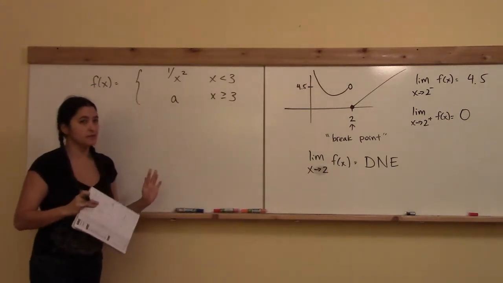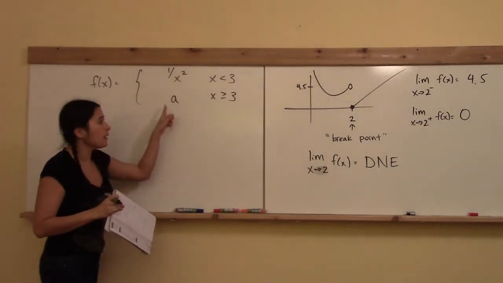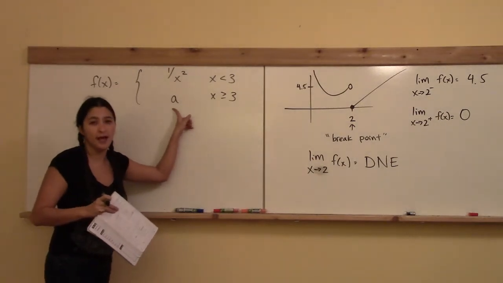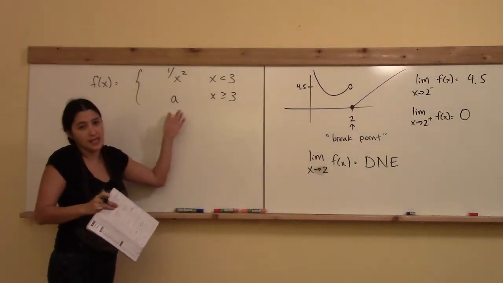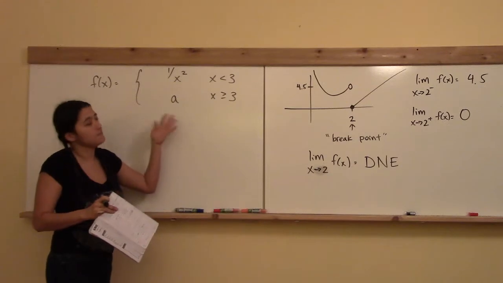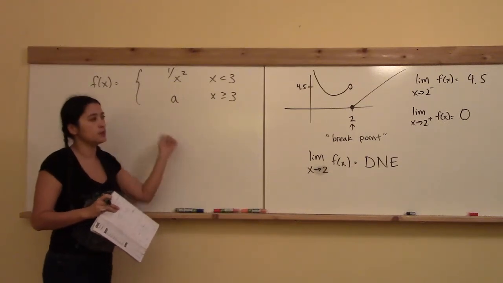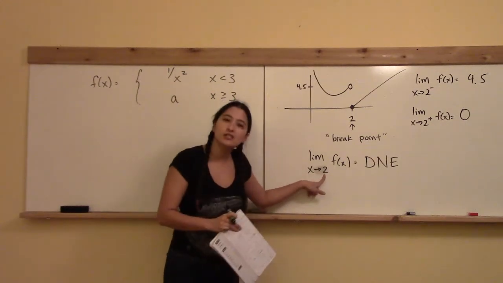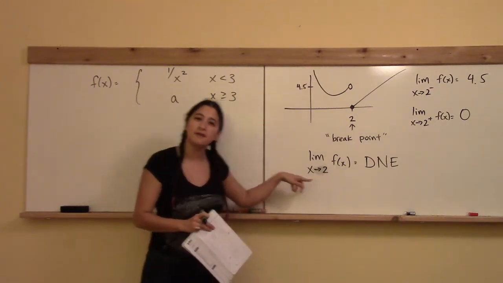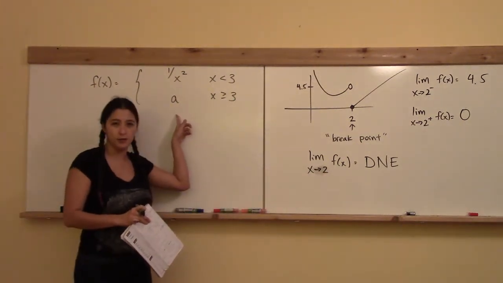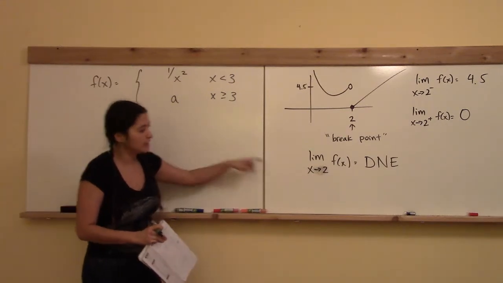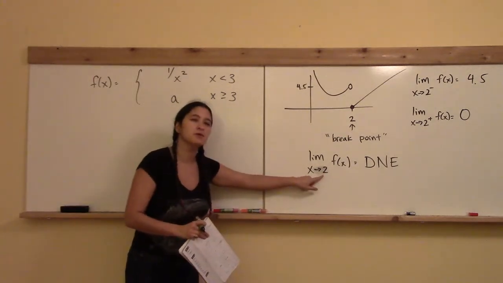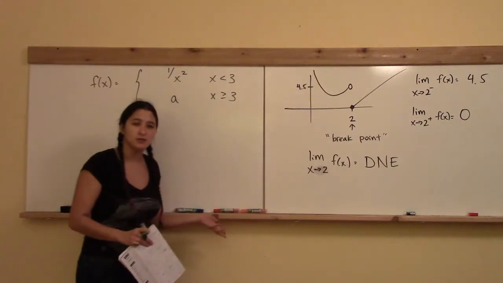I hope this isn't confusing you, but right now I'm putting a placeholder here, a, where a represents any real number. Now, you also saw this a before when I defined limits and I said the limit as x approaches a. That's not the same. Right now the a is representing an output of a function, as opposed to when the a is here, it represents the input of a function. Why do I reuse a?